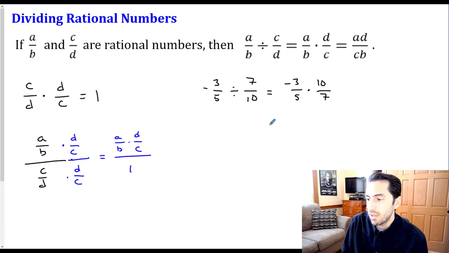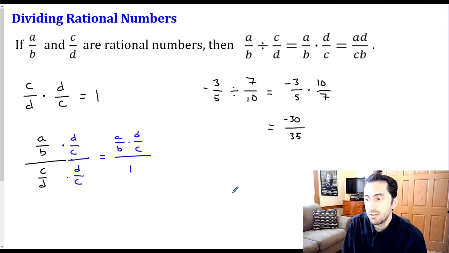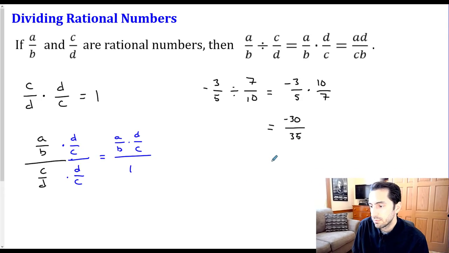When we multiply two fractions together, we multiply the two numerators and we multiply the two denominators. So negative 3 times 10, we have negative 30. And in the denominator, 5 times 7, we get 35. And just like we've done before, the last thing we need to do is simplify this fraction.